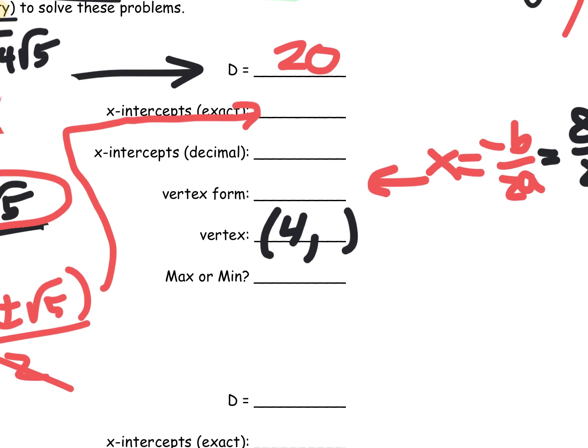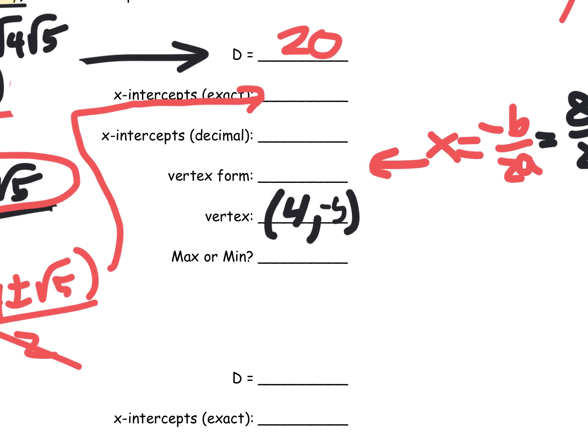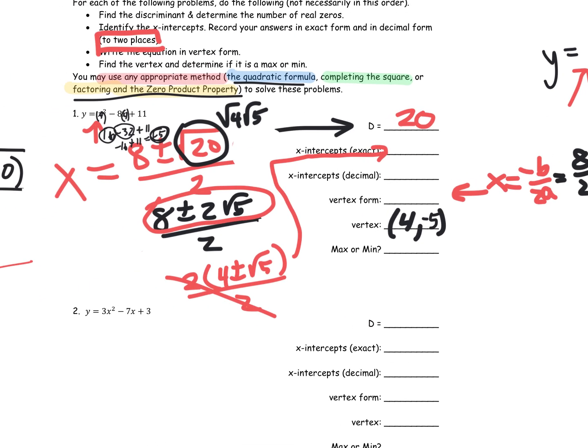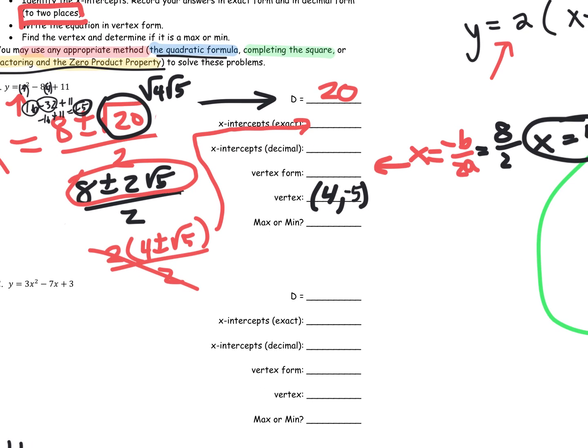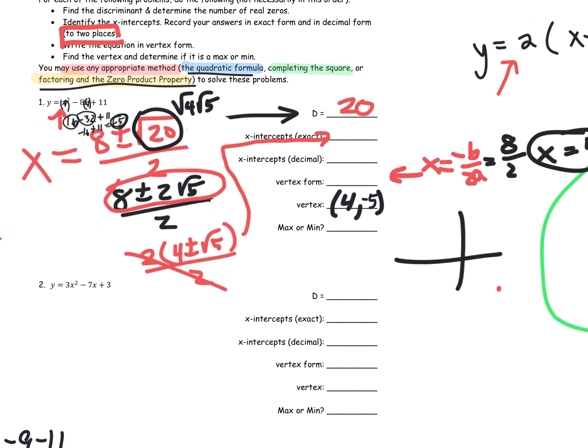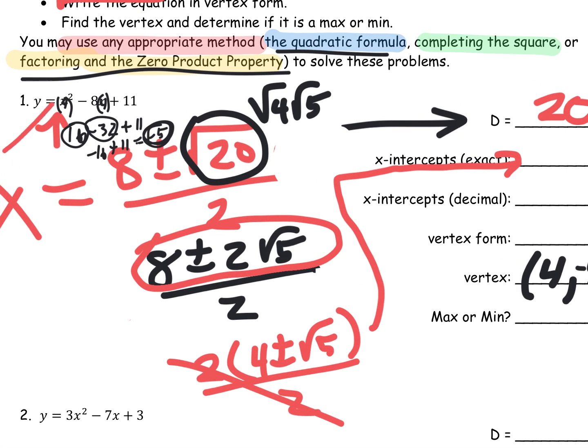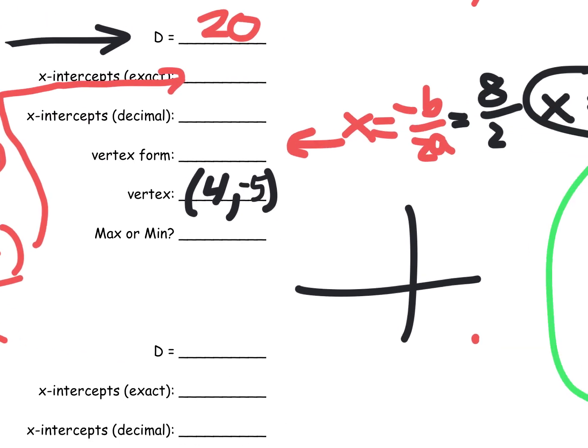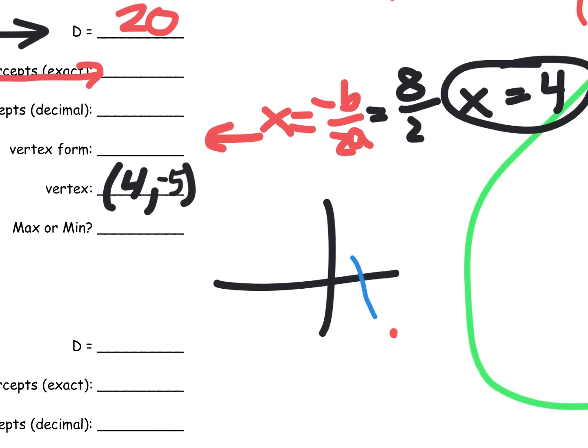The vertex is 4 comma negative 5. And is it a max or a min? Well, I'm going to sketch it quick because if I see the picture, I'll easily know that. 4 negative 5 means the vertex is like down there. And I look for a negative in the front. I don't see a negative in the front. It's a normal parabola. So it looks like that. That means it's a min. Very good.